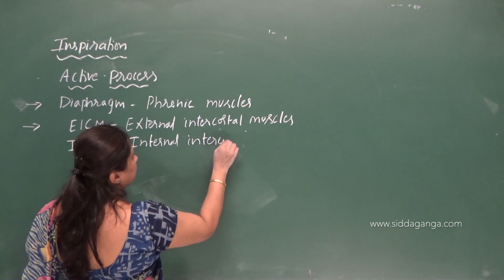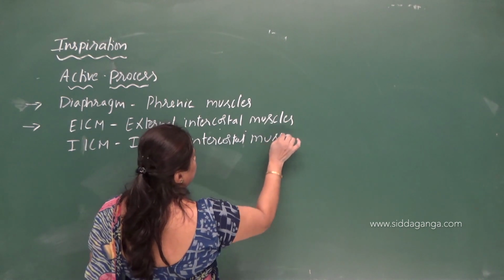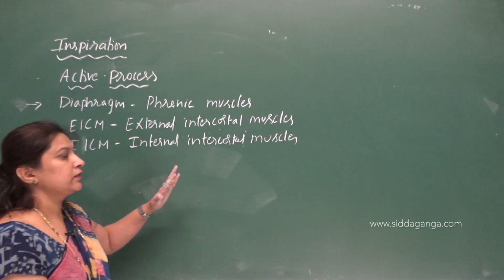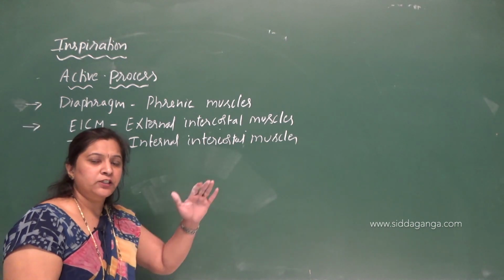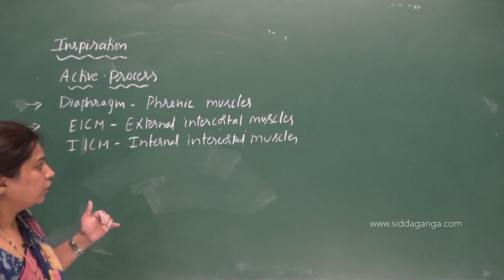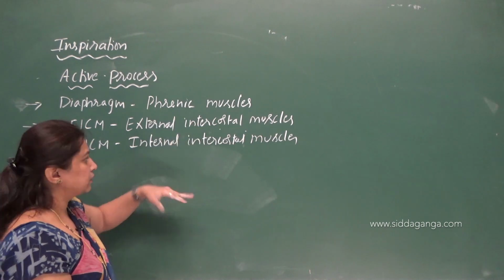Both these muscles are present in the intercostal space between the two ribs. As there are 12 pairs of ribs, 11 pairs of these muscles are present.